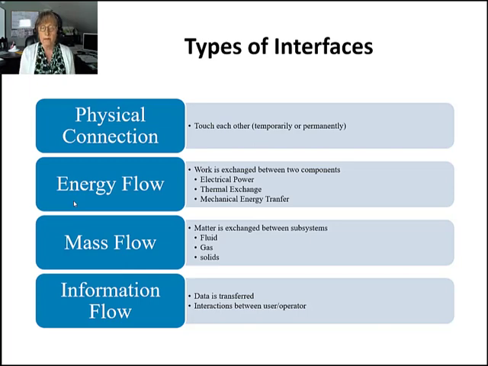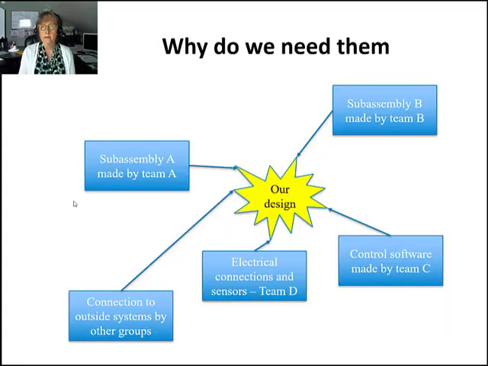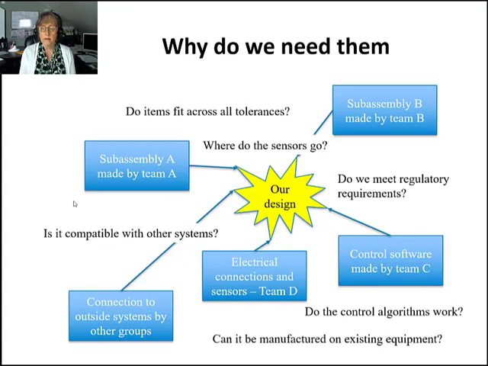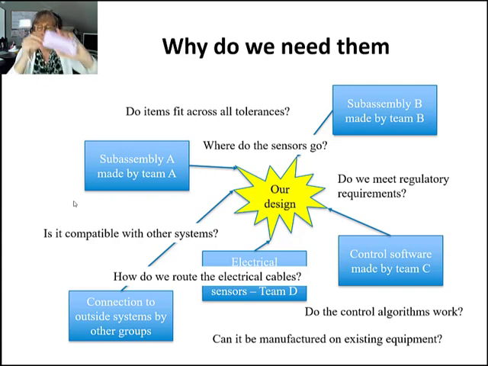Very important in software that the information, the messages are exchanged in such a way that both sides of the interface can understand them. Why do we need to do this? Well, multiple reasons. We need the tolerances to fit, just like in my iPhone. It would be really bad if this didn't fit into the socket here.